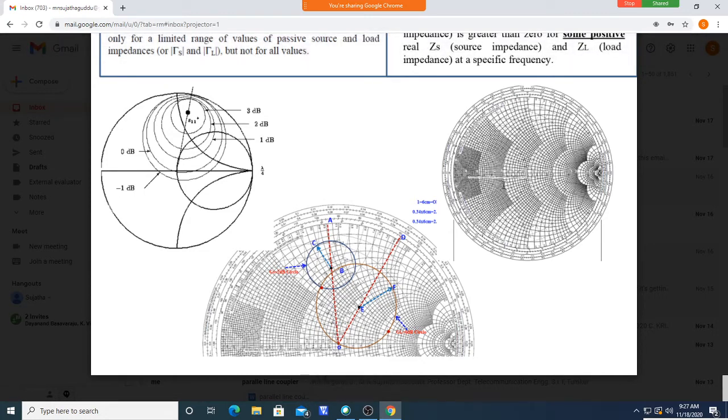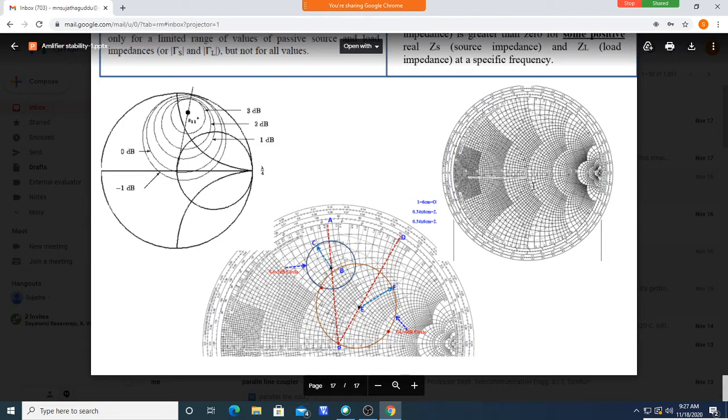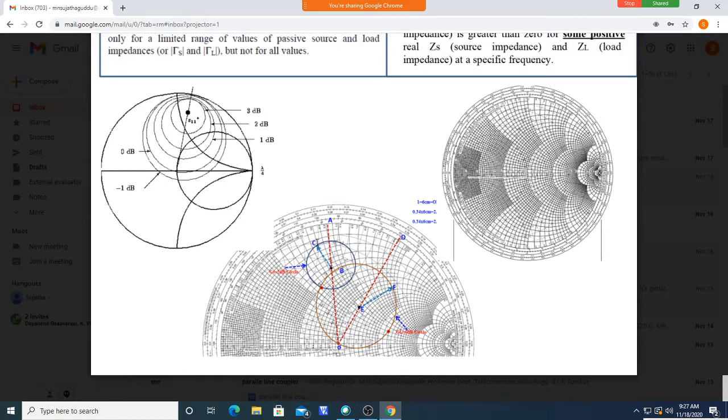We checked that any value over the Smith chart gives stable operation. But to get a 2 dB gain, you cannot use any value like here or here. That 2 dB only occurs if you take values over the circle. So you can take any value over this circle now as the impedance ZS.